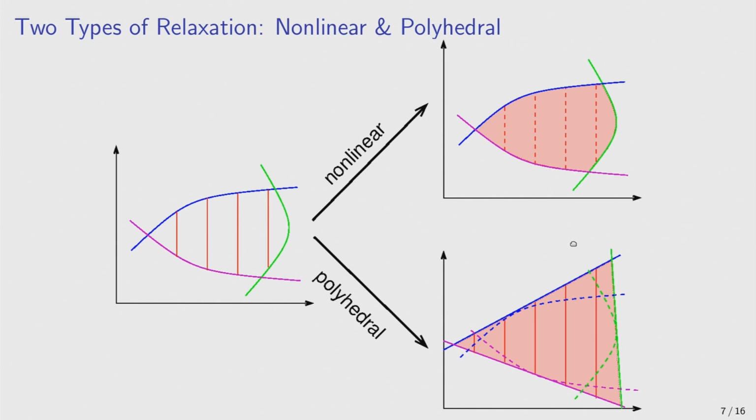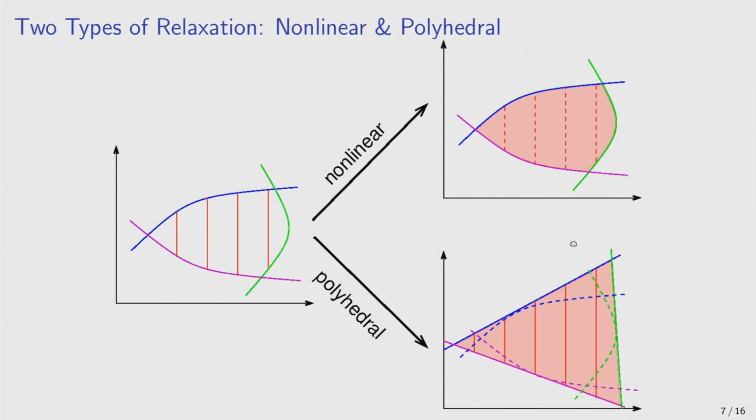But I can do a different relaxation. I can create outer approximations, which is what I did here. So I just added three cutting planes, and now I enlarge the feasible set in a different way. But here the feasible set is still the union of these now 5 red lines. So something interesting happens here, that when you do this, you sometimes find that you get an additional integer point that wasn't feasible over here.